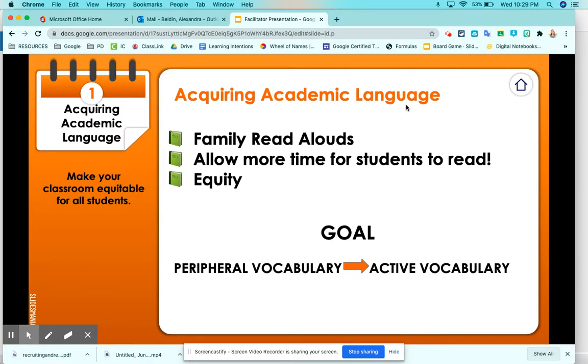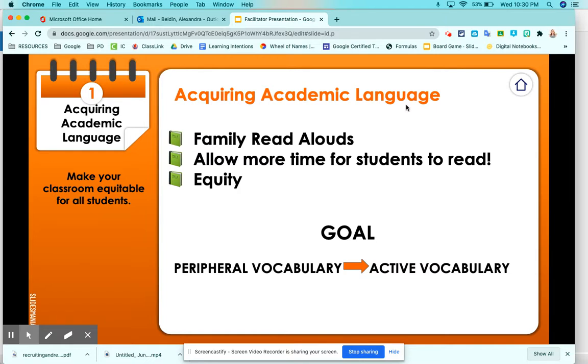The ultimate goal with acquiring academic language for our ESL students is to transfer that peripheral vocabulary and turn it into active vocabulary. Peripheral vocabulary is when ESOL students have a general understanding of what the word means.